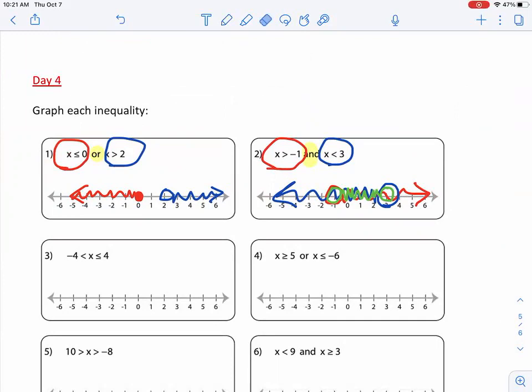So that we can see that a little better, I'll get rid of those other parts. Our final answer is that green graph. Okay, open circle at -1, open circle at +3, and shaded in between.